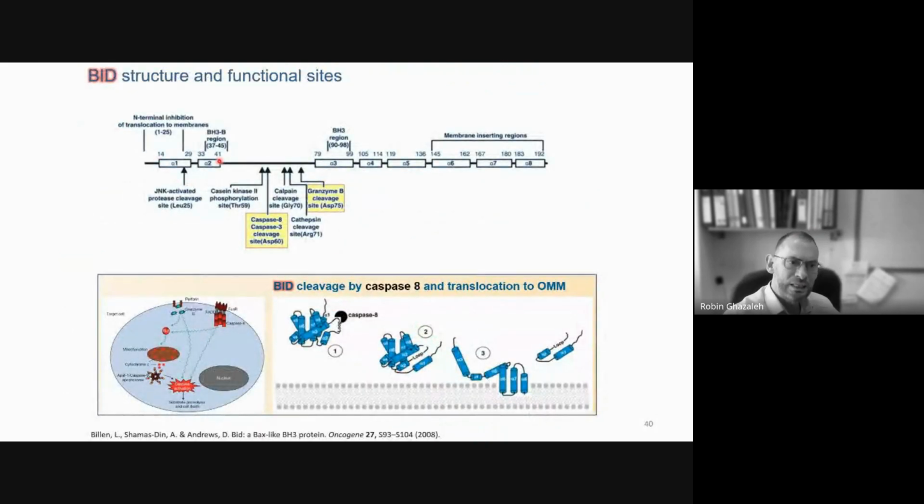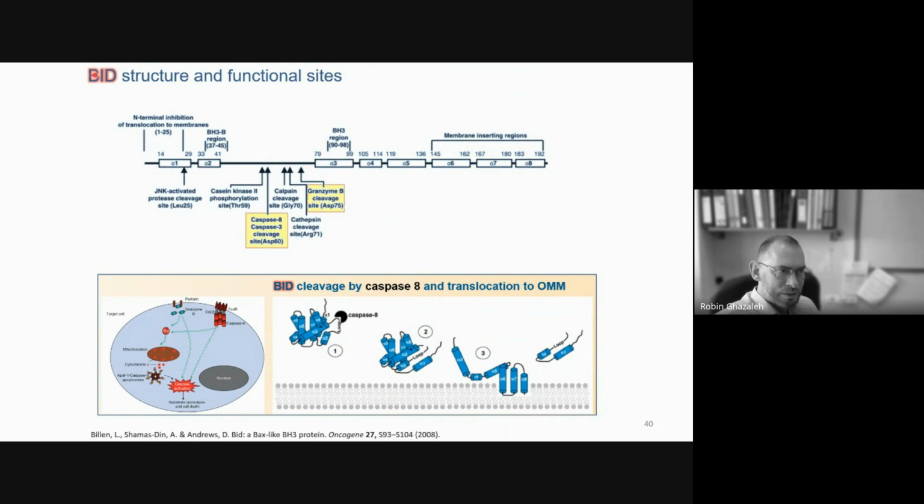Here is a little map, if you like, of the domain structure of this important target protein called BID. It has a number of alpha helices, numbered alpha 1 through to alpha 8. It targets the mitochondrial membrane via this membrane inserting region.